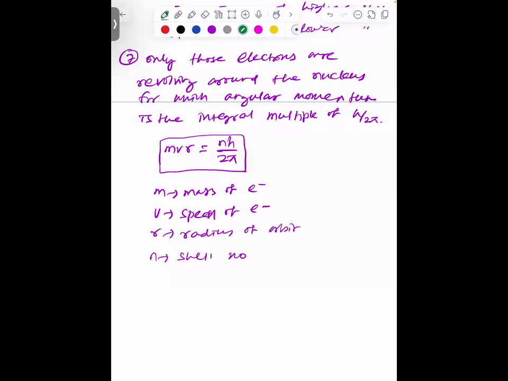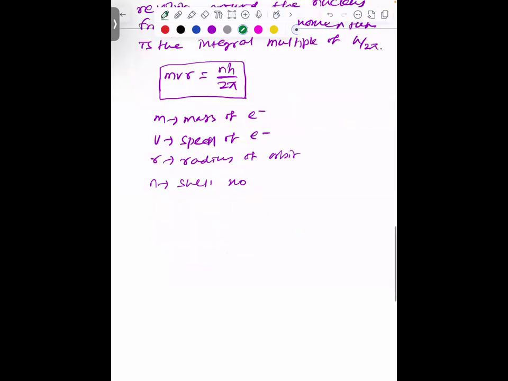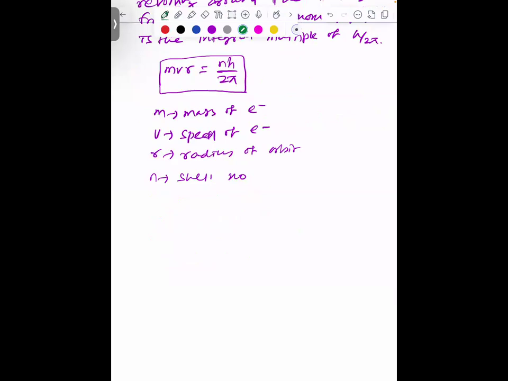But till date we think the quantum mechanical model is the best model which describes the structure of the atom. We will study quantum mechanical model later.